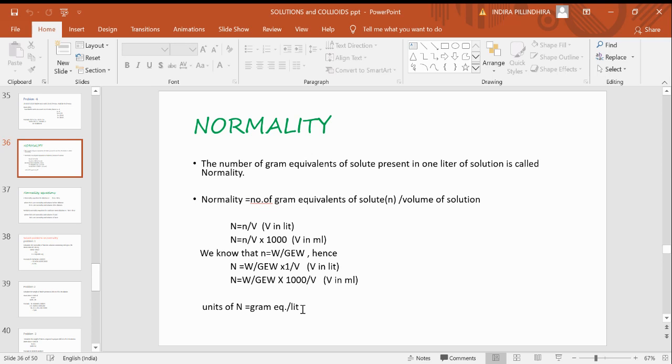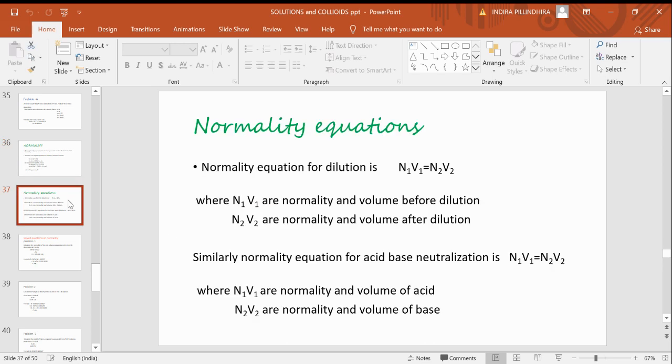Now we will see the different equations for normality. Now we'll move to the next slide. The normality equations for dilution are the same equations we have seen for molarity also. So the normality equation for dilution is N1V1 is equal to N2V2.